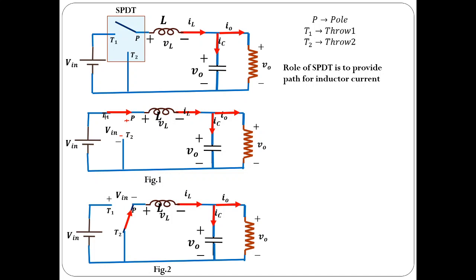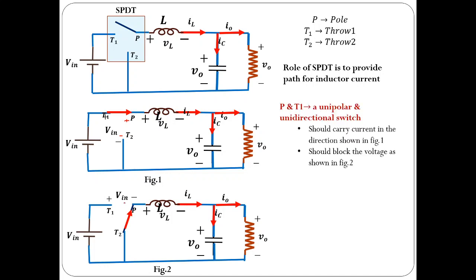Coming to the terminals P and T1, applying KVL, you could see that it should block voltage with this polarity and the value would be the same as V in. So between pole and throw 1, you require a unipolar unidirectional switch that should carry current in the direction shown in figure 1, and that should block voltage as shown in figure 2.